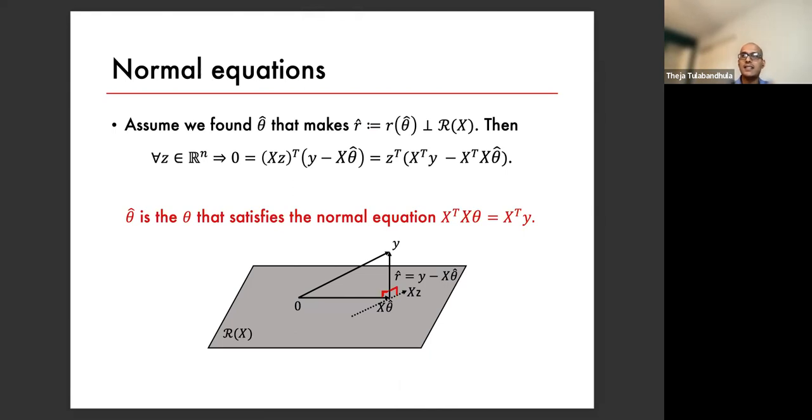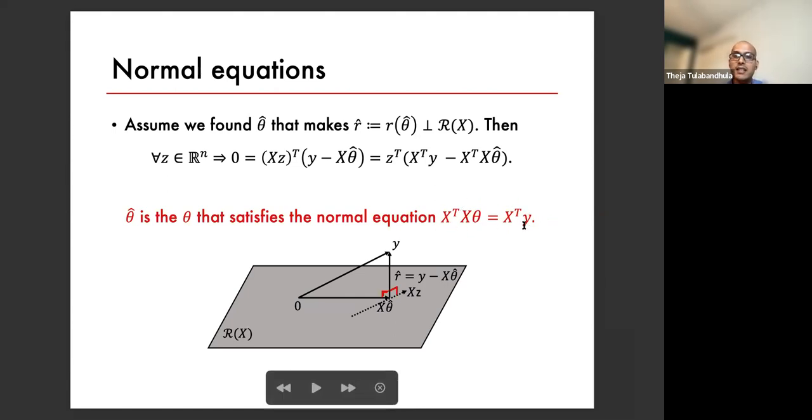Here's the candidate: the theta for which the residual is perpendicular to the range space of X. The theta can be characterized by this equation. The theta which makes the residual perpendicular to the range space of X is the theta that satisfies this system of equations. So we have a candidate from which we can compute theta.